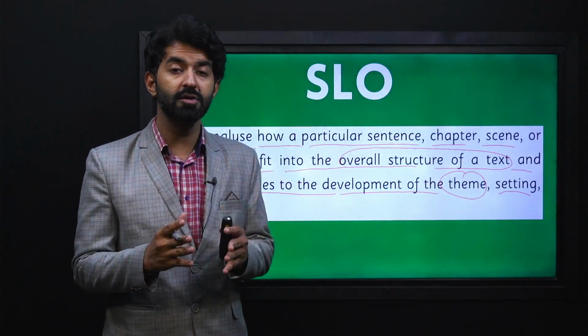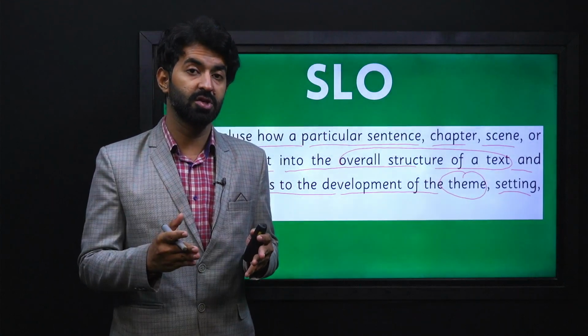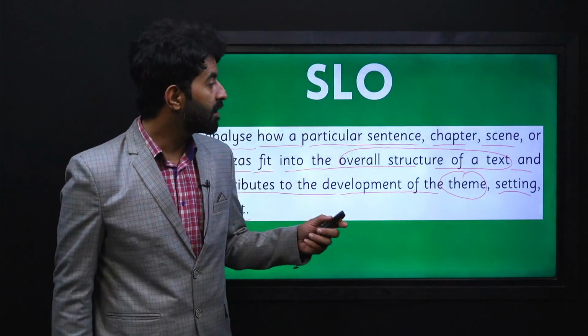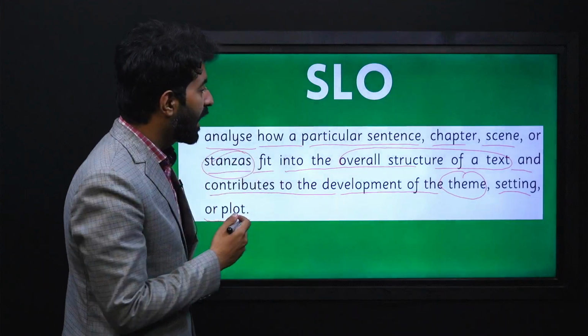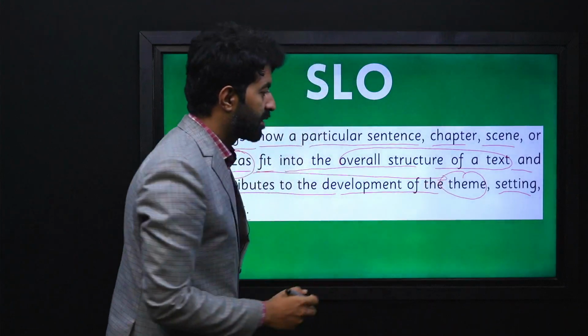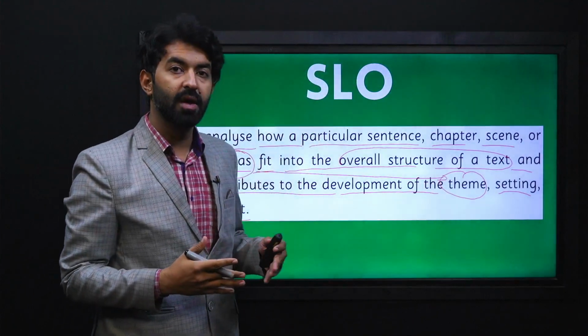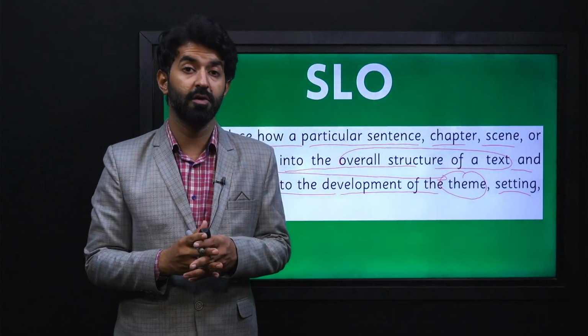Now, my dear learners, since it's a poem in the chapter, we will be only covering stanzas in this SLO and we are specifically talking about themes. Setting or plot and the rest of the things that are not covered will be covered later on in another video lesson.